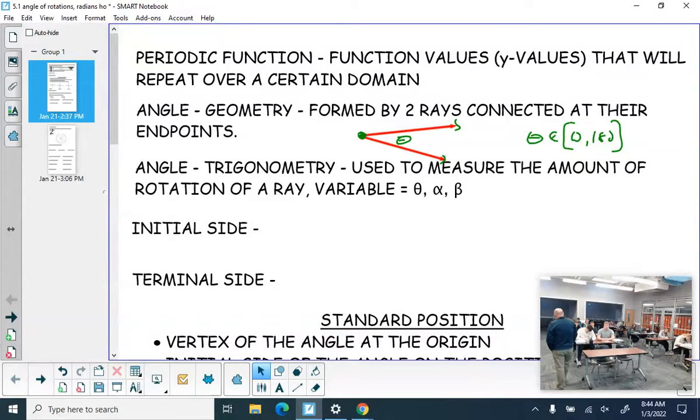When we talk about trigonometry, an angle is an amount of rotation used to measure the amount of rotation of a ray.